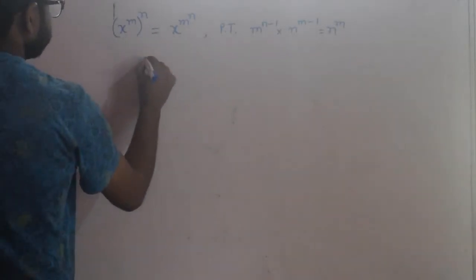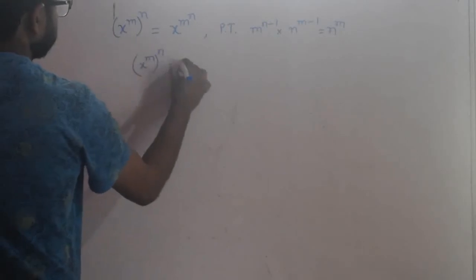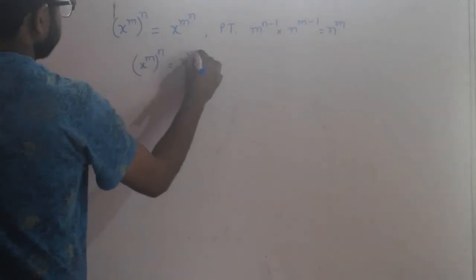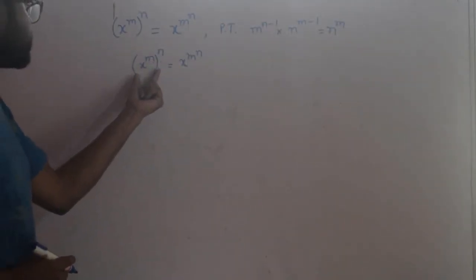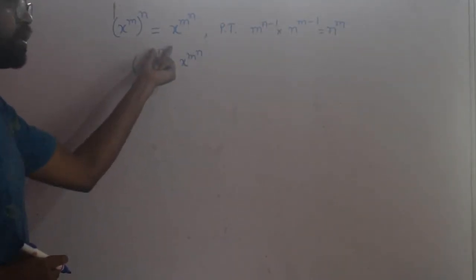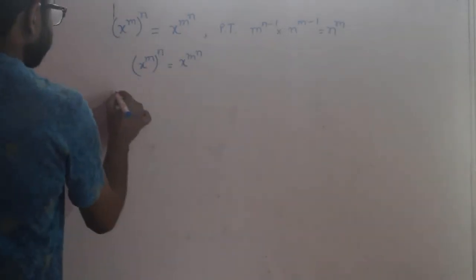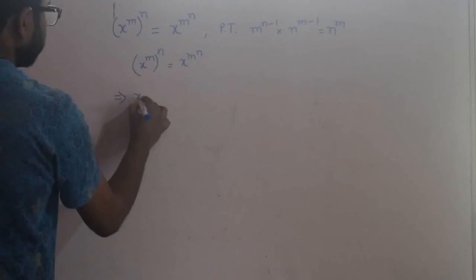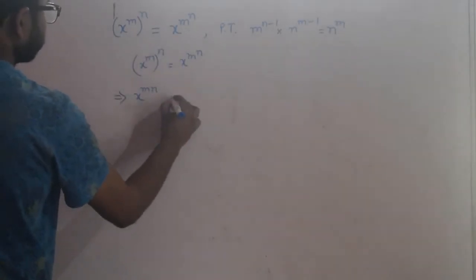And one of the properties of exponents says if something is whole to the power this, then the powers are multiplied. So from this you will get x to the power m into n, so this will give you mn.